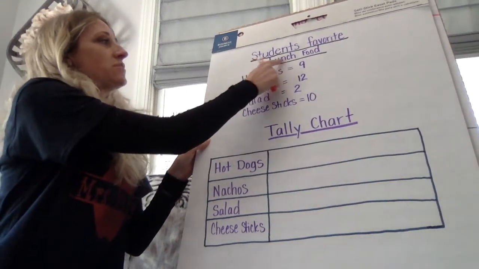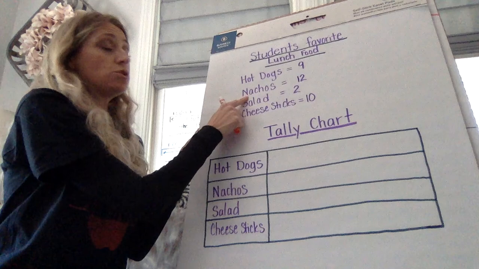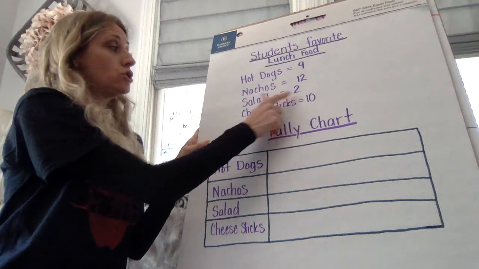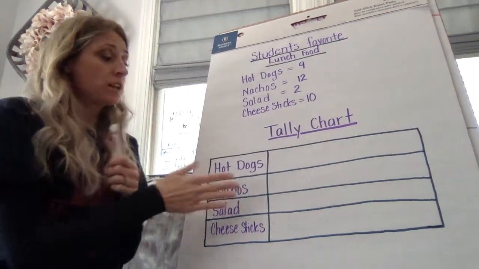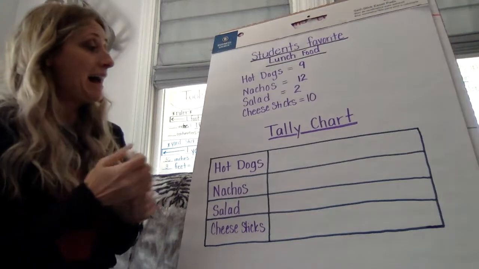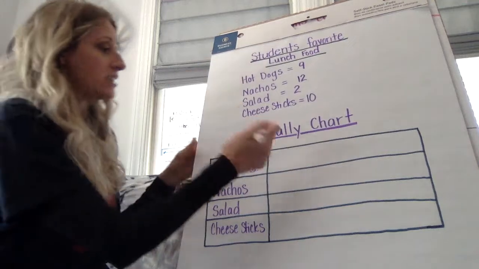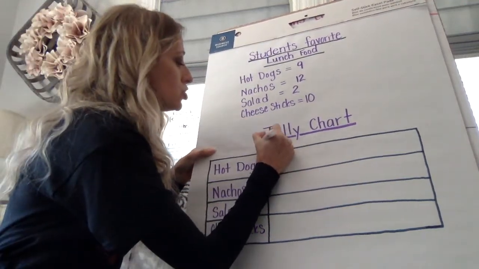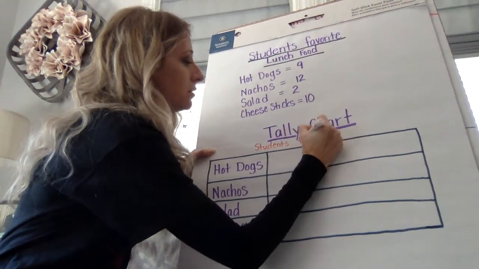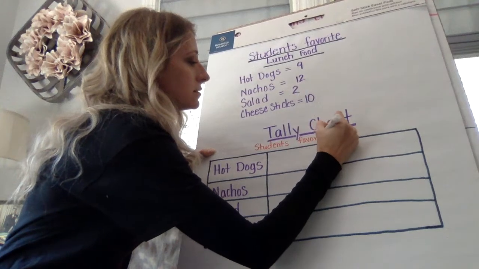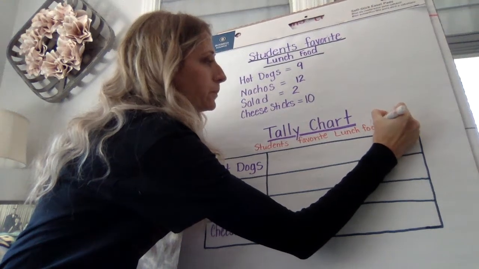I see that for students' favorite lunch food, 9 students said hot dogs, 12 students said nachos, 2 said salad, and 10 said cheese sticks. If I want to draw a tally chart for this, first I put my title above the graph: students' favorite lunch food.